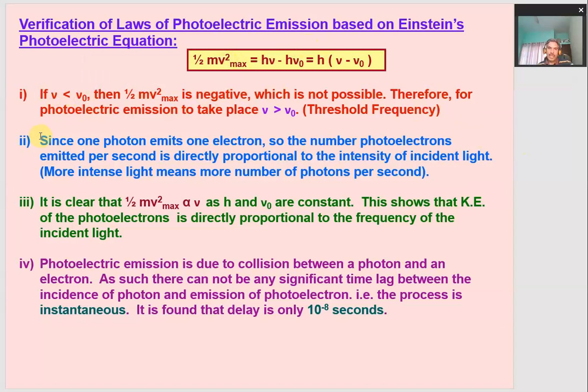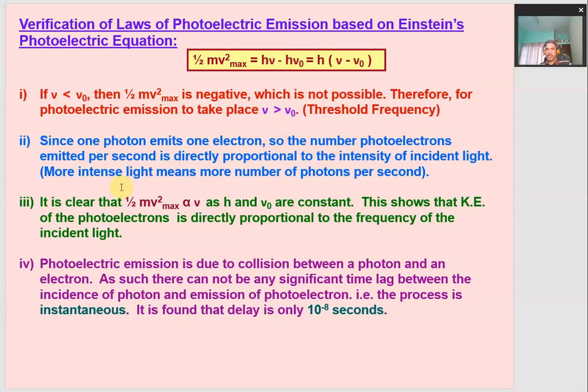Another thing is that since one photon emits one electron, because one photon is completely taken away by one electron only, the number of photoelectrons emitted per second will be directly proportional to the intensity of the incident light.